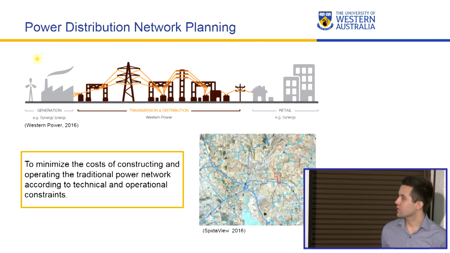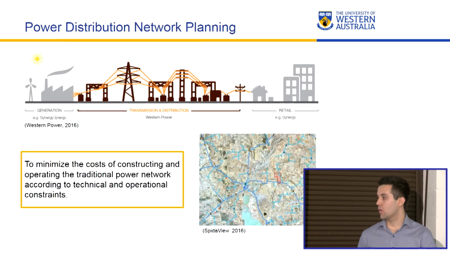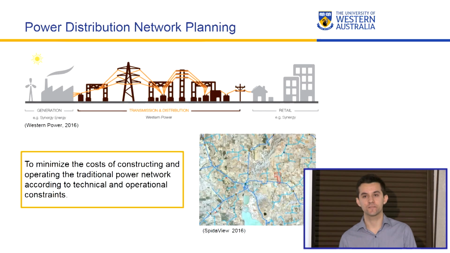Now, when we're looking at the optimal planning of power distribution networks, our goal is to try and minimize the cost of constructing and operating the traditional power network according to a set of technical and operational constraints. So what this means is that the costs are the capital costs and the operational costs. So you can consider the capital costs to be your physical network assets that you will be replacing, and your operational costs would be composed of the power losses in the line, as well as the energy not served due to power outages.